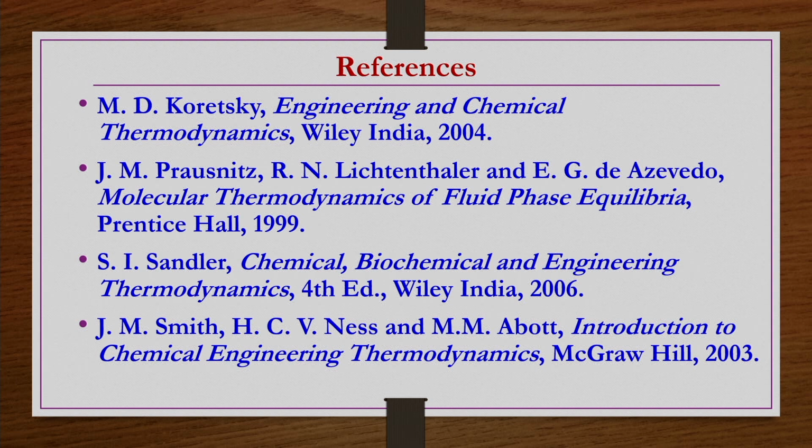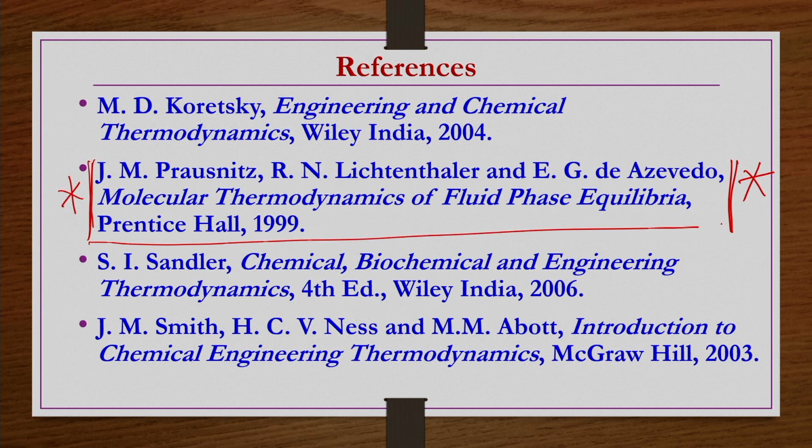The problems that have been solved here are the kind of exercise problems given in this particular book. Also, the virial equation of state and the corresponding fugacity expressions are provided in this particular book. So, this is going to be an important reference book for this particular lecture. Thank you.